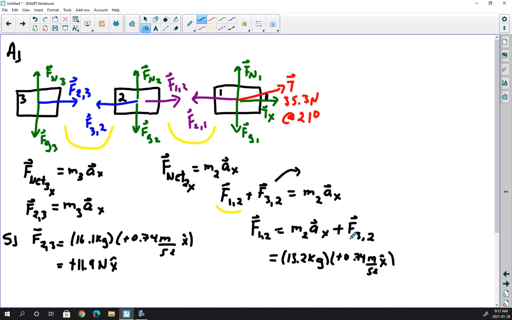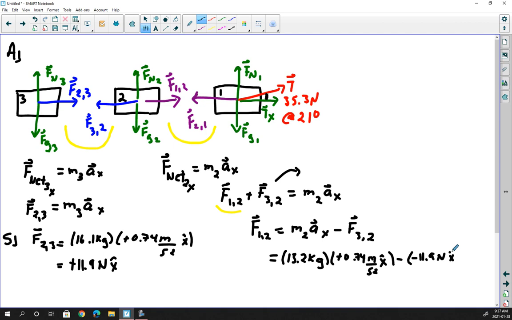Now force of 3 on 2. You got to be careful here. Oh, and I even made a mistake there. Did you notice that? That should be a minus sign. Oops-a-daisy. Let's fix that right now. Here we have it. Okay. If F2 on 3 is positive 11.9 newtons, by Newton's third law, this has got to be negative 11.9 newtons, right?